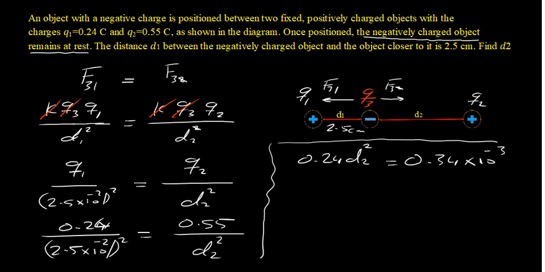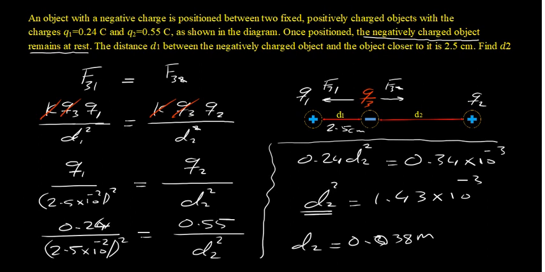Now d2 squared will be, you just divide both sides by 0.24, and it will give you 1.43 times 10 to the power minus 3. But we are looking for d2, not d2 squared. So d2 is the square root, and that will give us 0.038 meter, or if you want to keep it in centimeters, that will be 3.8 centimeters.